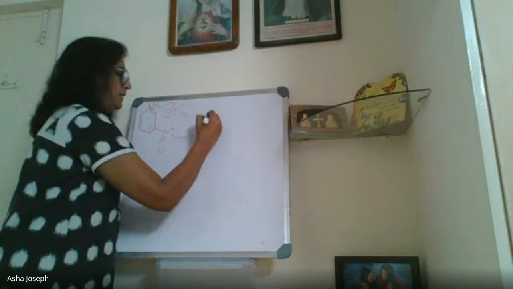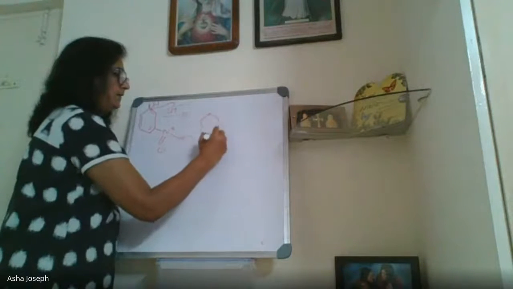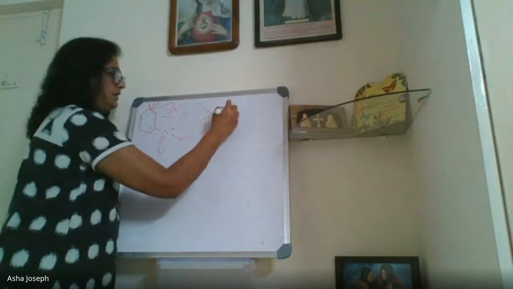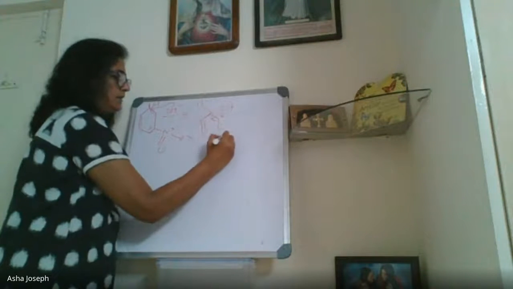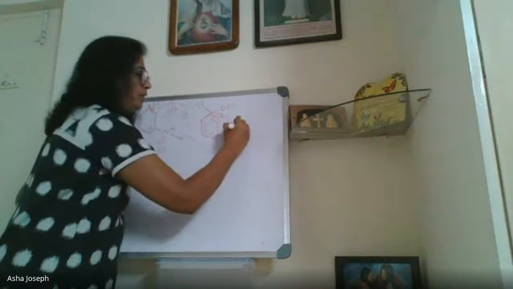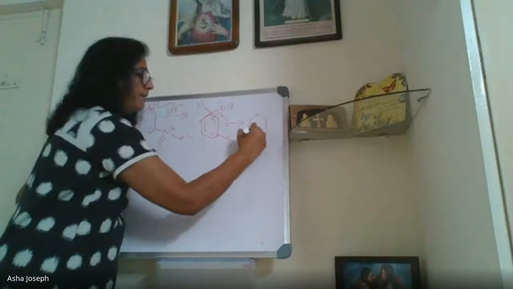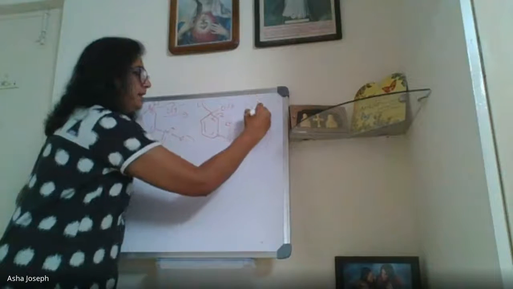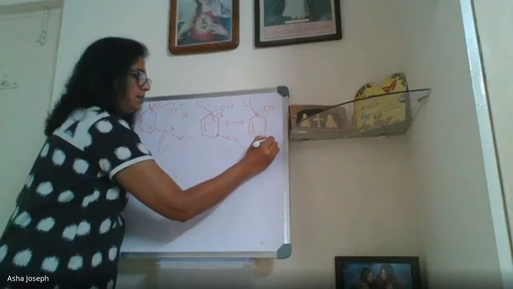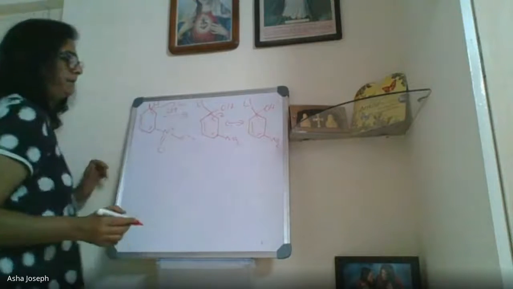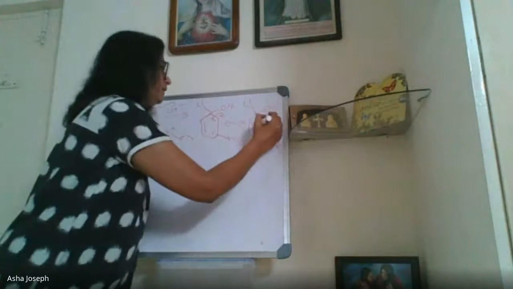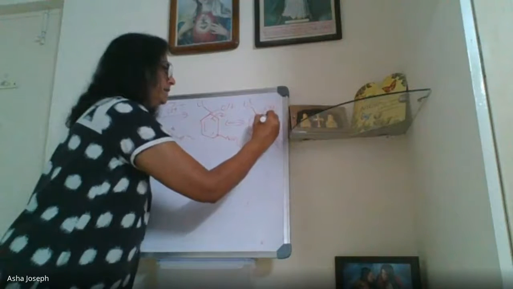So when OH minus comes here, Cl, OH, this bond has to shift. NO2 is here. This bond has to shift. So you will get this structure. Cl, OH, this we didn't touch. So this will be here, right?